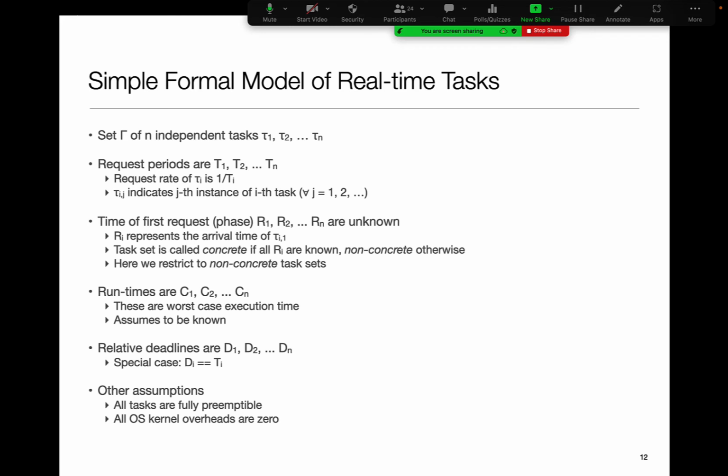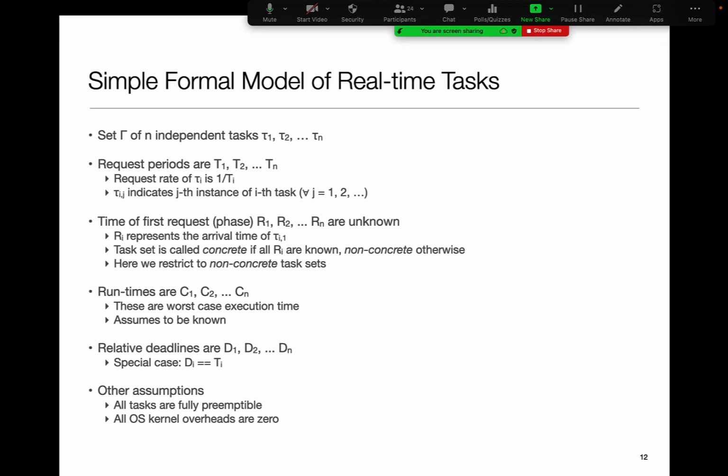Now if you think about it, if we knew r1 through rn, as in these were given to you as fixed values, then everything about the system is known when it starts up, right? Because if I look at task number i, then I know that its first copy will arrive at r sub i.